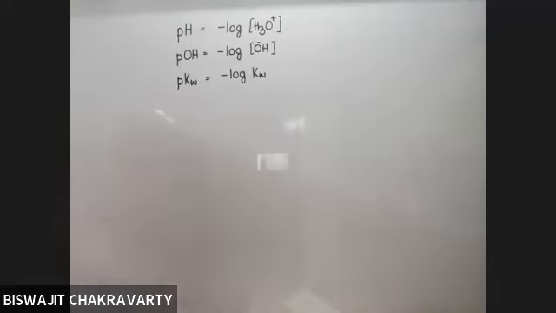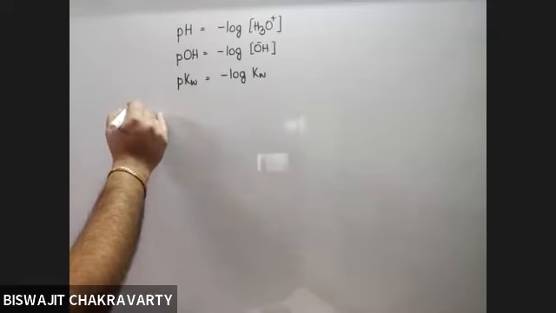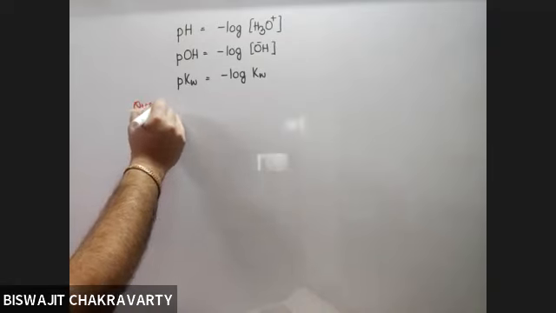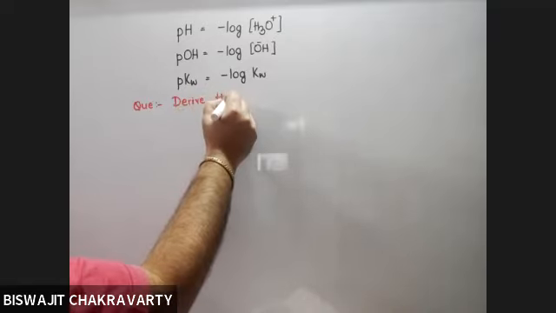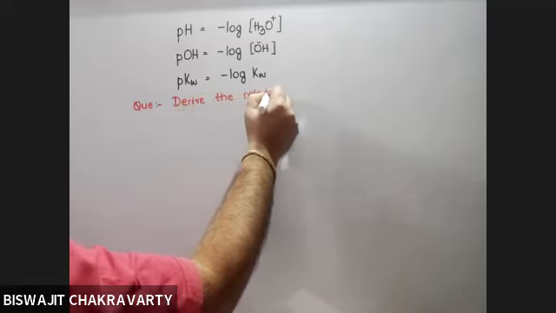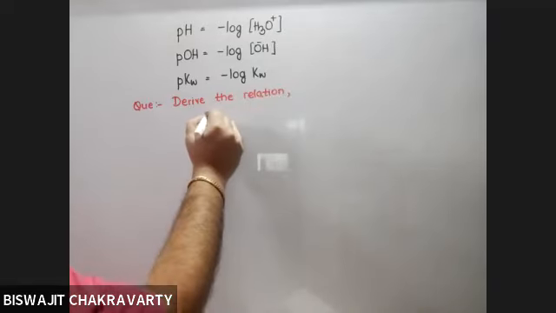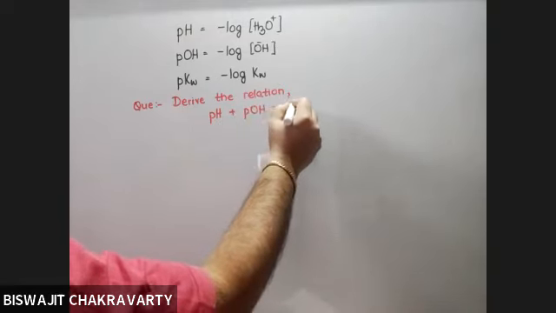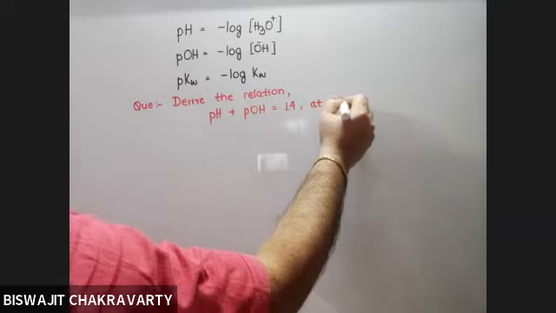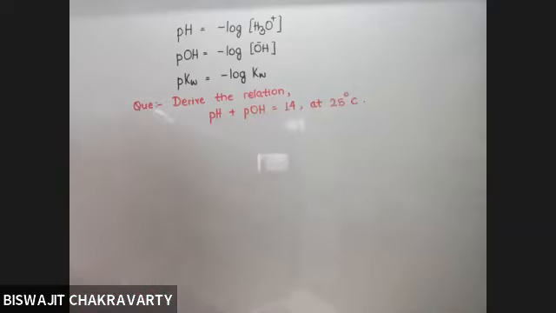So next thing that we will discuss is the question. Derive the relation pH plus pOH is equal to 14 at 25 degrees Celsius. That means at 25 degrees Celsius, the relation between pH and pOH is that the addition of the two is equal to 14.